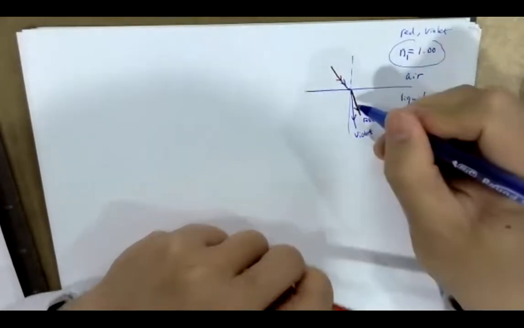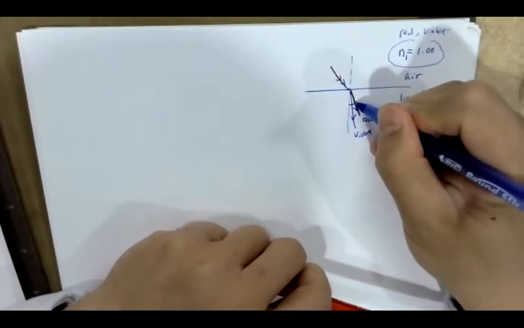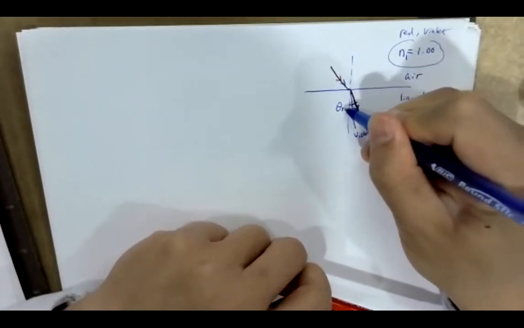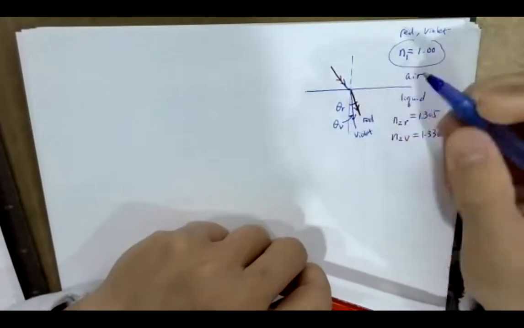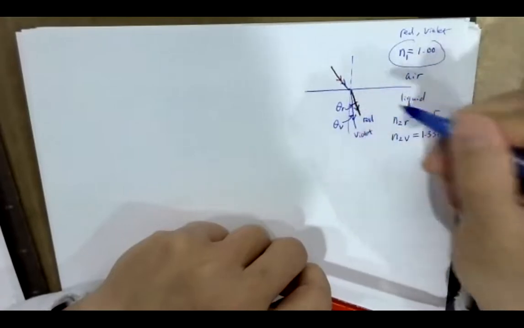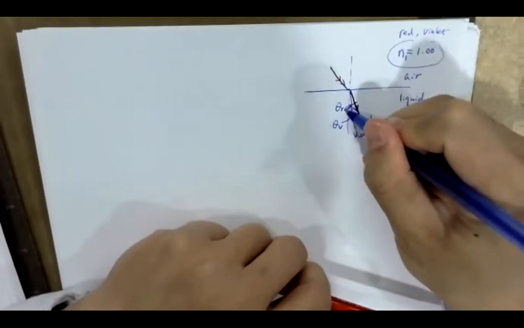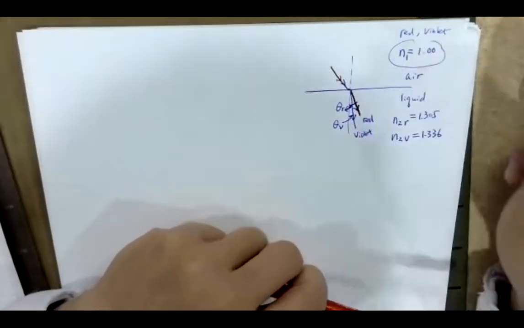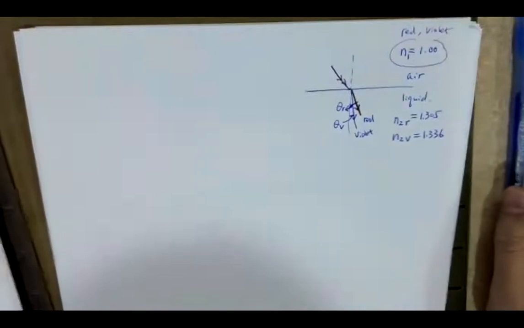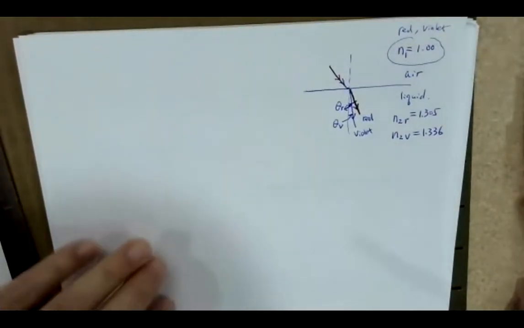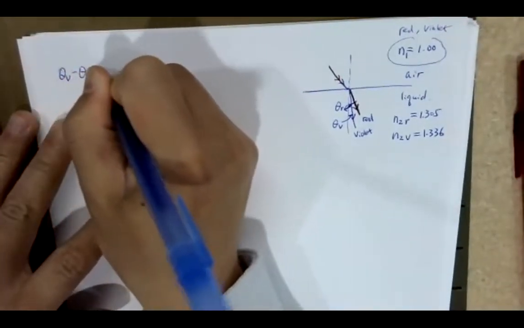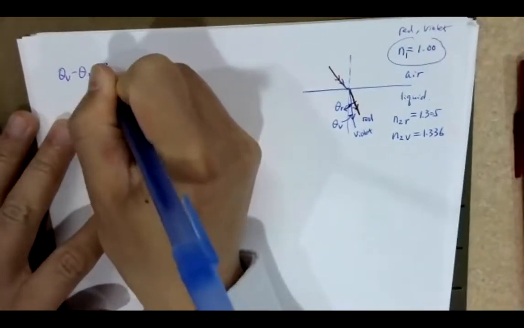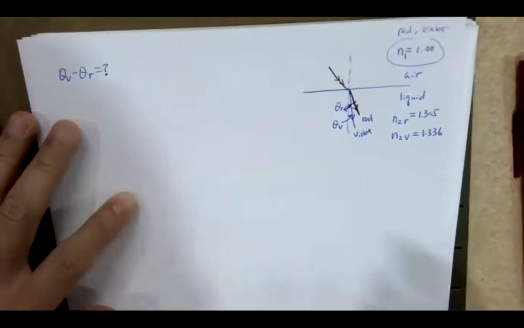So you're looking for this angle, this is theta R, and this angle, this is theta V. You're looking for theta V minus theta R, so you need to know theta R and theta V.